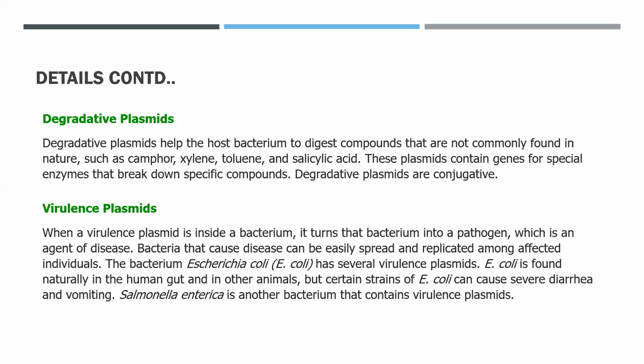E. coli is found naturally in the human gut and in other animals, but certain strains of E. coli can cause severe diarrhea and vomiting diseases. Salmonella enterica is another bacterium that contains virulence plasmid.